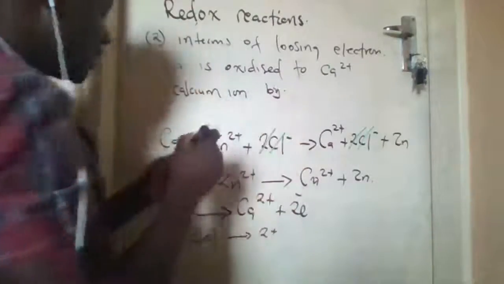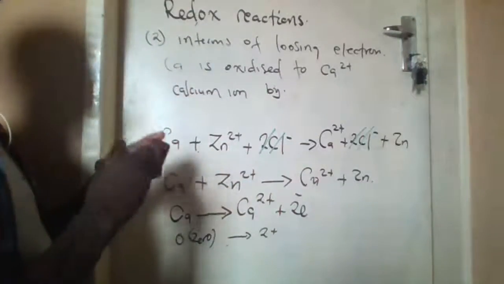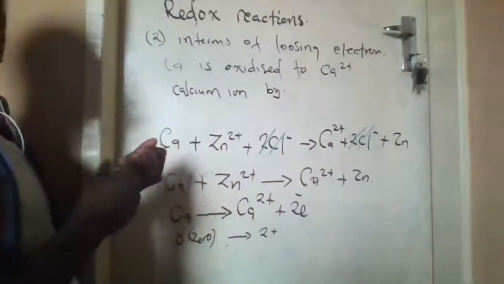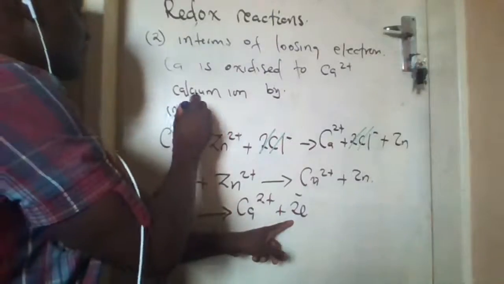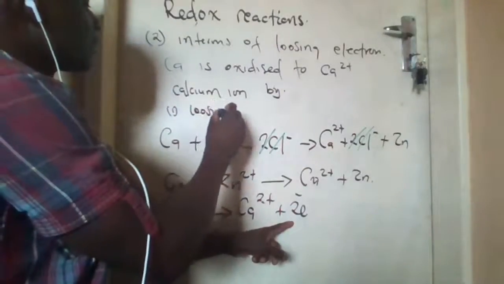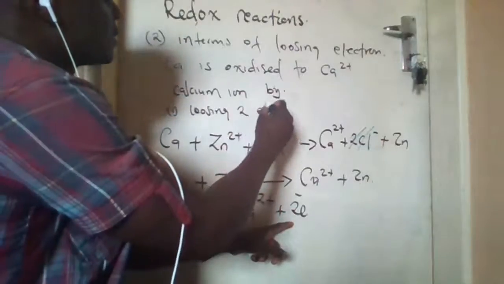How can you justify your statement that calcium has been oxidized? By losing 2 electrons.